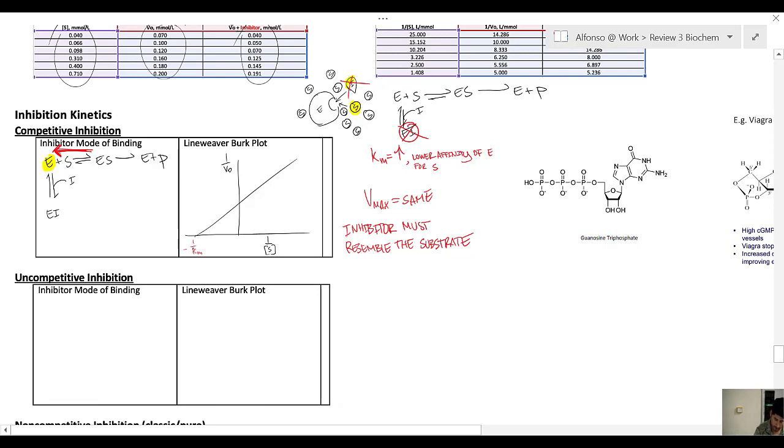But as soon as we introduce a competitive inhibitor, this is our negative 1 over Km. As soon as we introduce the competitive inhibitor, the Km increases. So that means that this line is going to shift to the right. So this right here is going to be our negative 1 over Km, the apparent value.